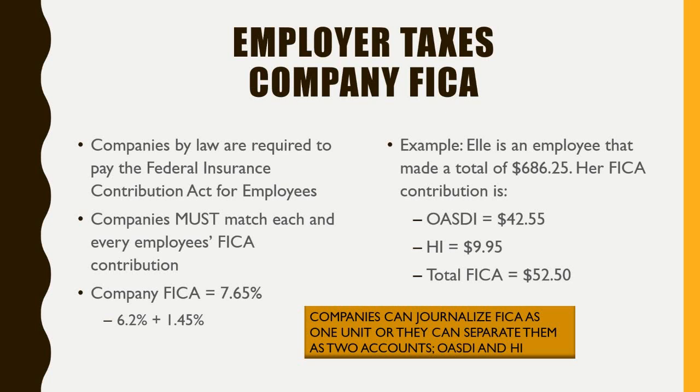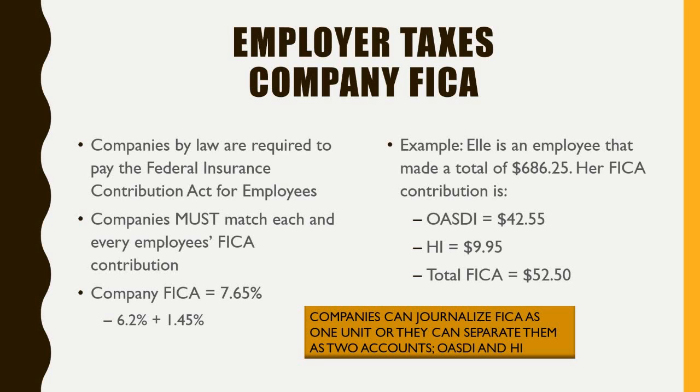6.2% plus 1.45% gives you a grand total of 7.65%. Since we already calculated what the employee is responsible to pay into their Social Security and Medicare, all we have to do is add those two numbers together, because the company has to match it dollar per dollar. If you remember from the previous example, L worked for us at $15.25 an hour and worked 42 hours or something like that.